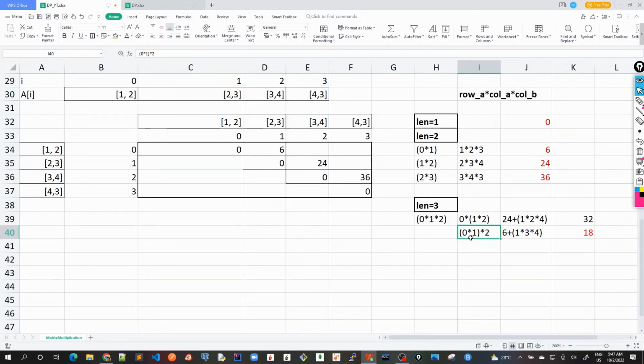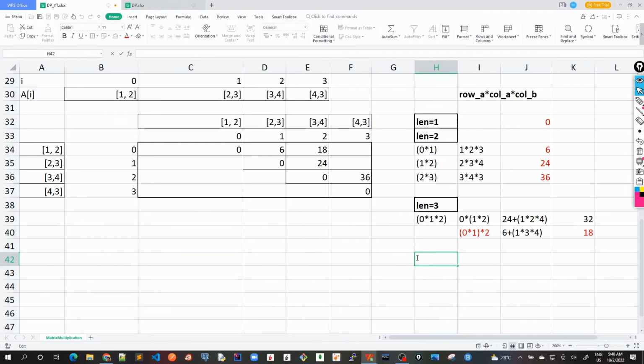For 0, 1 and 2, if we multiply 0 and 1 first and then use the product of that to multiply with 2, then we arrive at the minimum cost, not with the first one but with this one. So for 0, 1 and 2, it would come as 18.